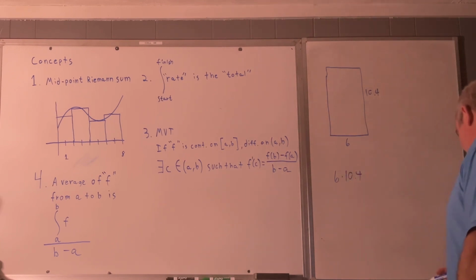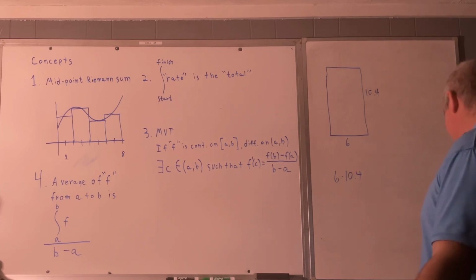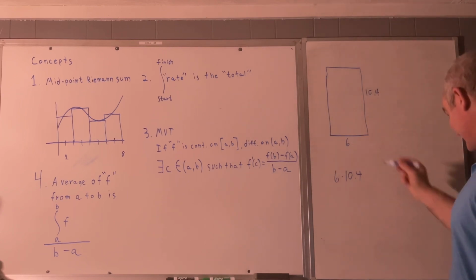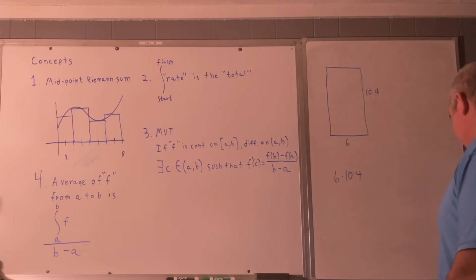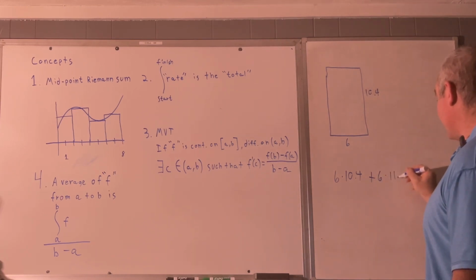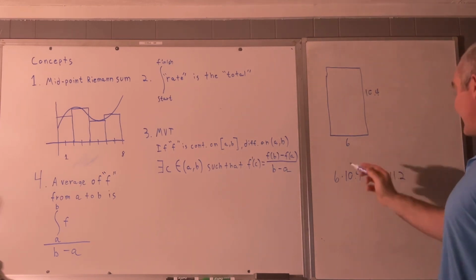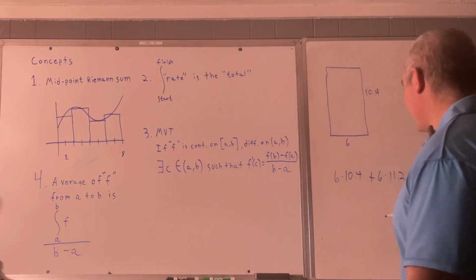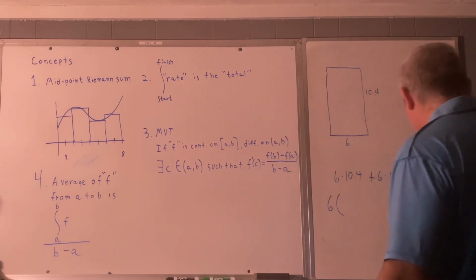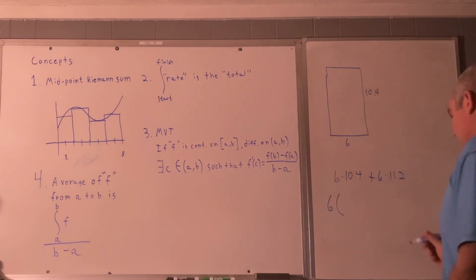What's our second rectangle? Our second subinterval is from 6 to 12, so it's also a length of 6. The midpoint between 6 and 12 is 9, and the chart gives that to us. At 9 hours, the rate is 11.2. So we would have plus 6 times 11.2. You'll notice that every one of these subintervals is of length 6, so we can just do 6 and pull the values right out of our chart.